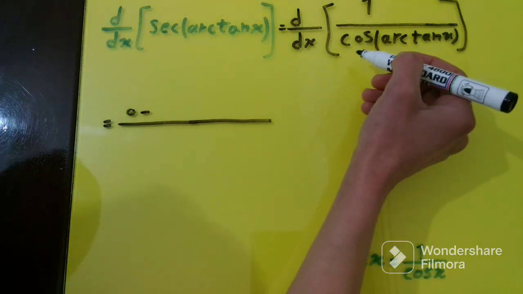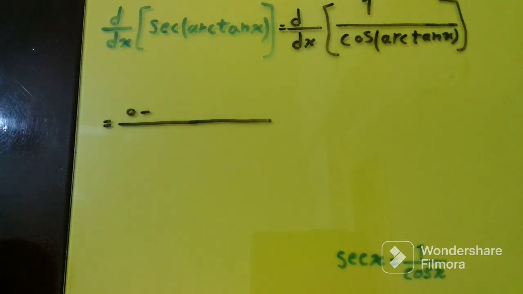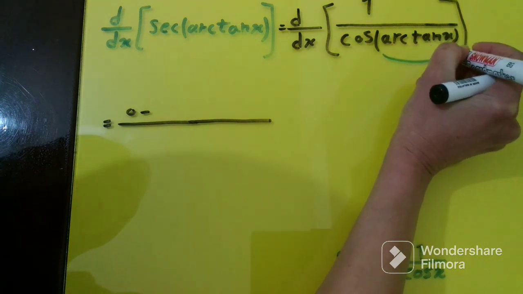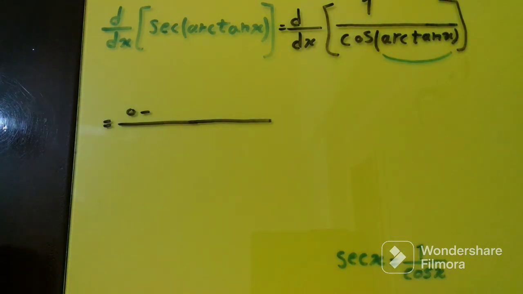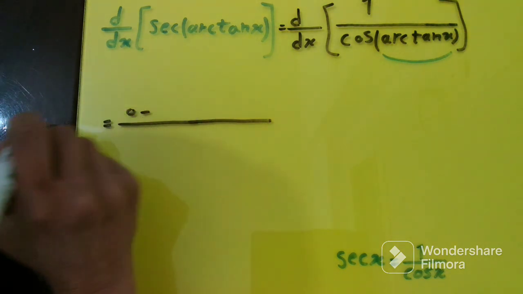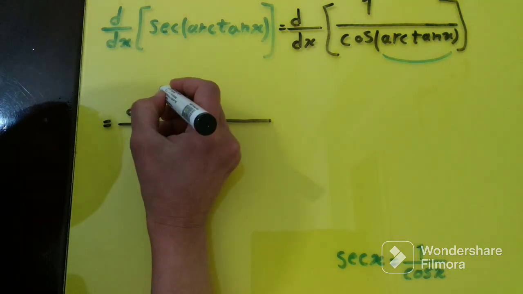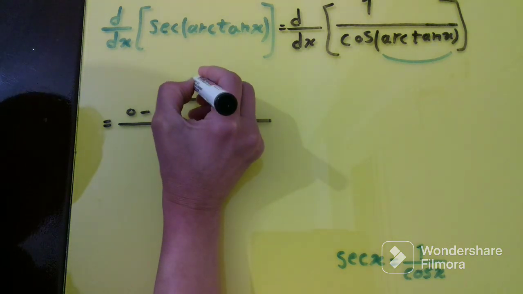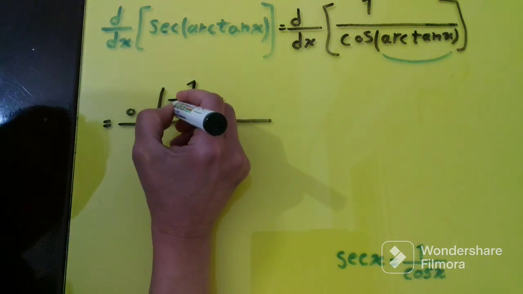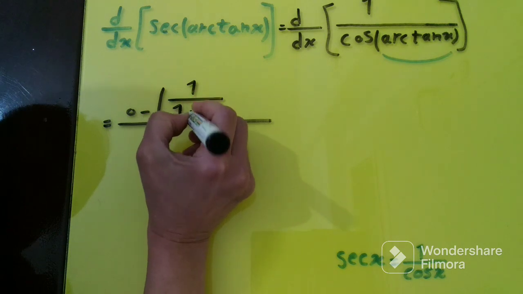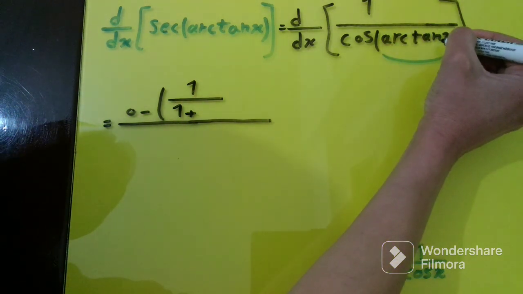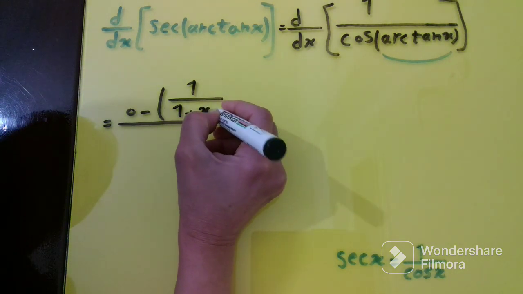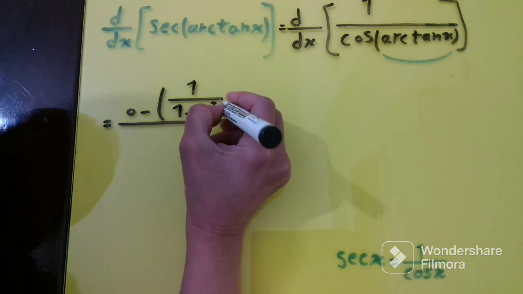For getting the derivative of this term, first we should get the derivative of arctangent x. The derivative of arctangent x, according to the formula, it's 1 over 1 plus u squared. U is x. It's x squared.